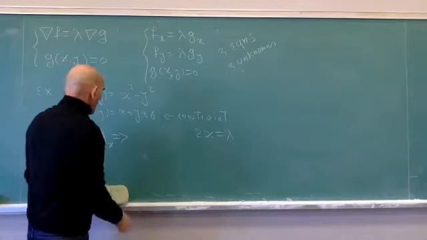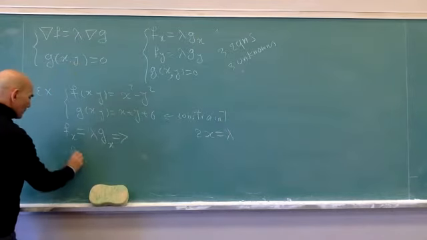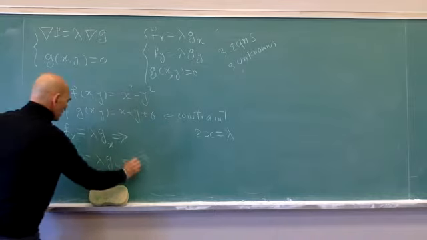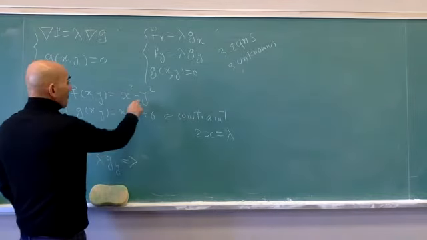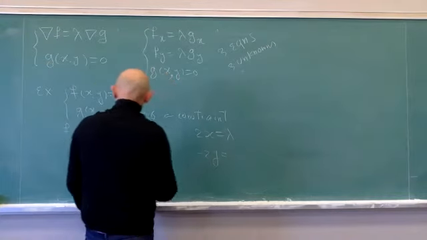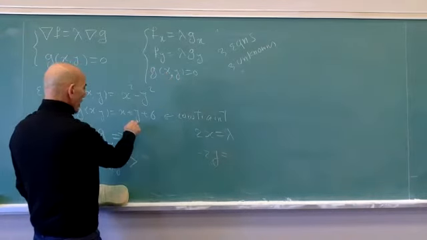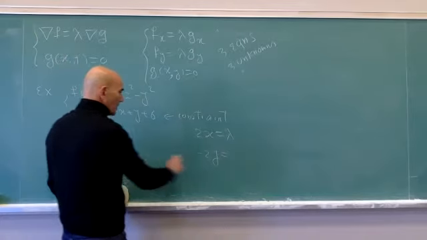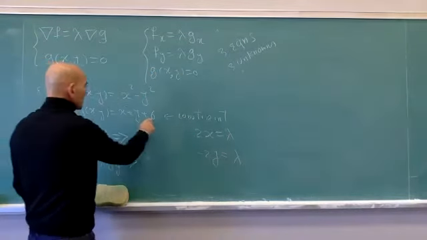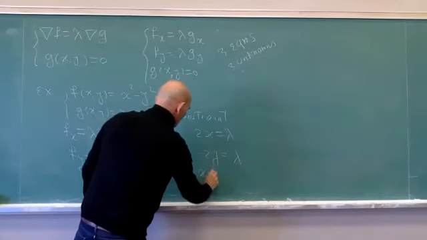Now fy equal to lambda gy means fy is negative 2y, and it should be equal to lambda, since gy is 1 again. And of course, the condition is x plus y plus 6 equal to 0.